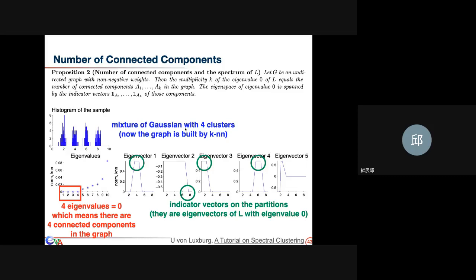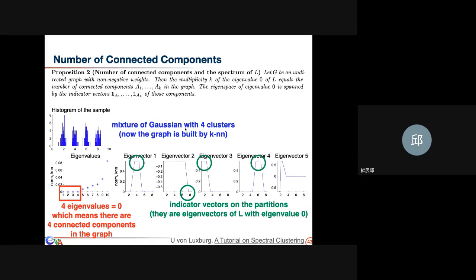And all the data points within a group will be connected, because they are built by using the k-nearest neighbor to find the connections between the data points.